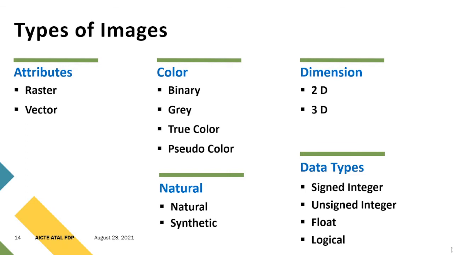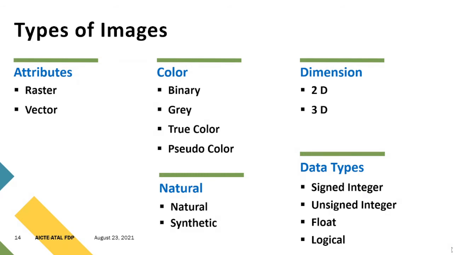A gray image is actually represented by 8 bits. In binary, there are two values, either 0 or 1, so only 1 bit is sufficient to represent it. So a binary image is also known as a bitone image. But as I've told you, in the case of the gray image, there are 8 bits. So how many gray shades are possible? Can you recall? 8 bits are sufficient to represent any gray level.